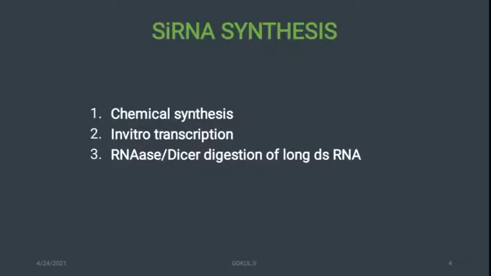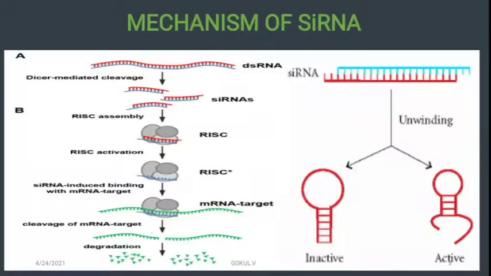Next we see the mechanism of siRNA. In this mechanism, there are 6 steps. First one is dicer cleavage of double-stranded RNA. Dicer is nothing but an endoribonuclease, which is used to cut the double-stranded RNA. The second step is population of siRNA duplex formation. Third step is single-stranded incorporation into RISC.